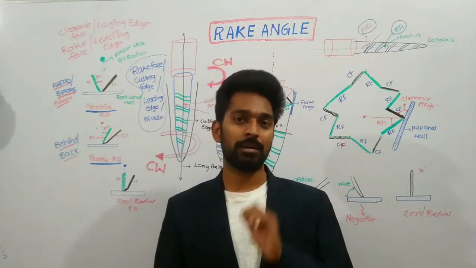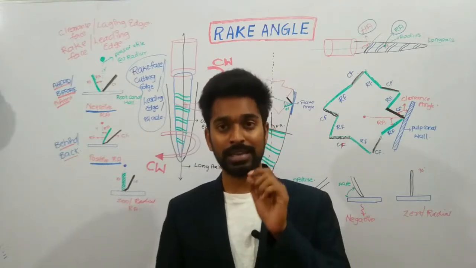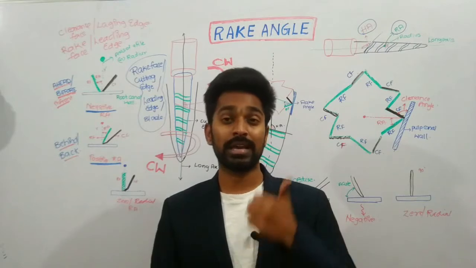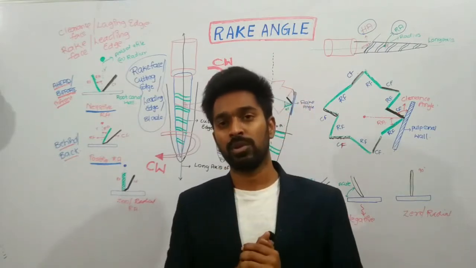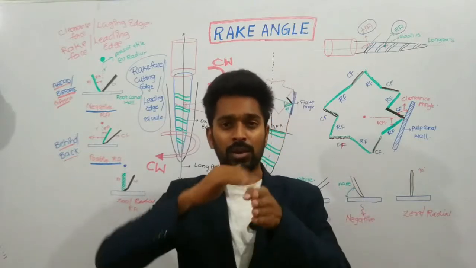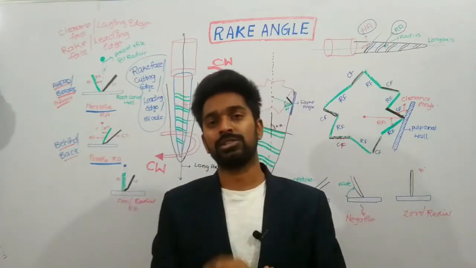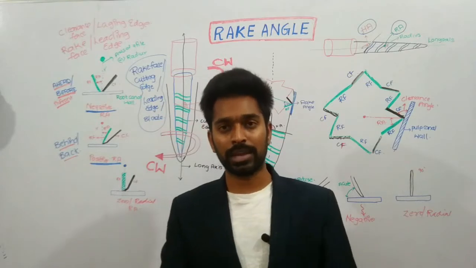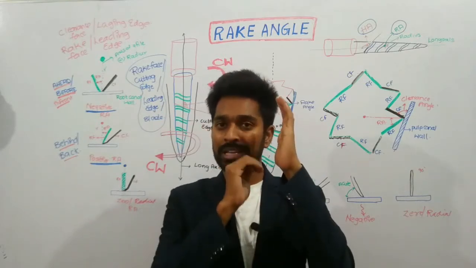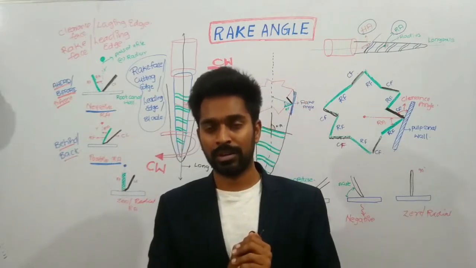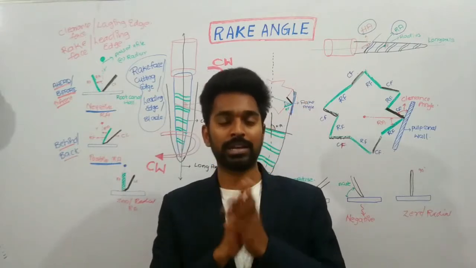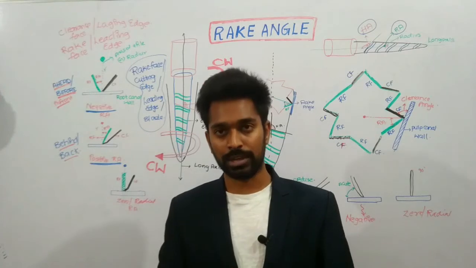Whereas if a bur or a rotary file has a negative rake angle, it means it has less cutting efficiency. It has more of a scraping action. In positive rake angle, you will observe the actual cutting action. In case of a negative rake angle, you will have a more or less scraping action. You just scrape the dentin surface, right? You don't have better cutting efficiency as compared to positive rake angle.